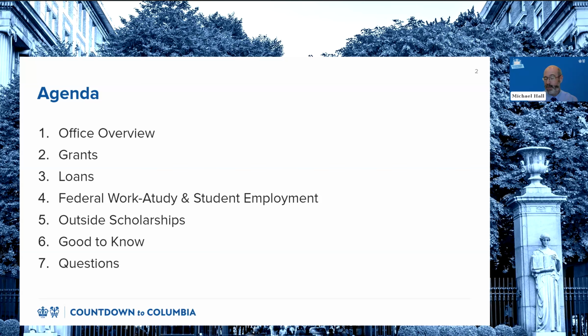We'll touch on outside scholarships, which are scholarship awards that students receive from outside of Columbia, right? So this may be from a local scholarship organization. This may be from your high school, maybe the Gates Foundation or Jack Kent Cooke, one of the big ones like that. But we'll talk about what to do with those, how they impact your financial aid award, and different aspects like that. So then towards the end, a section called Good to Know.